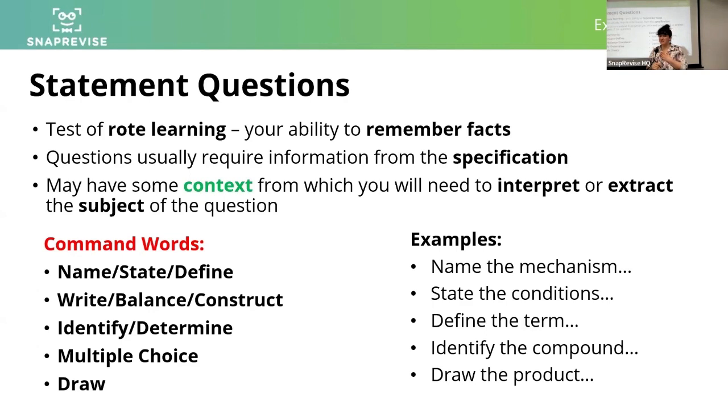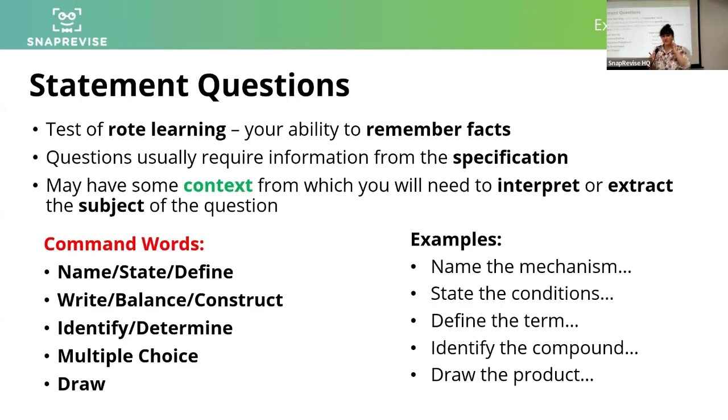Specifications to me, and I know the exam boards are slightly different, so I do prefer some specifications to others, but they're basically a checklist of everything you need to know and how you need to know it. That's what a specification is. It's what your teachers have been using to teach you. So a specification is really, really important, I think, in your revision. So get it up in front of you and learn to understand it, learn to interpret it.